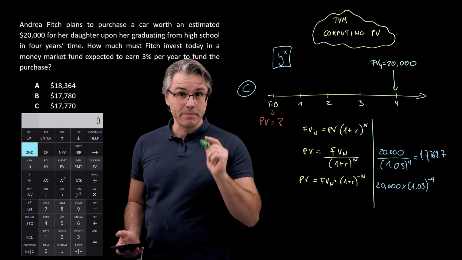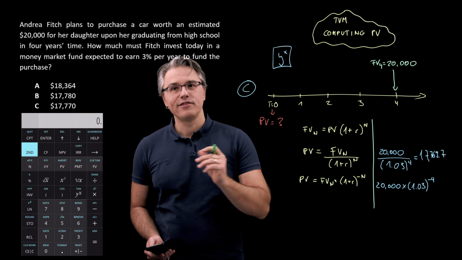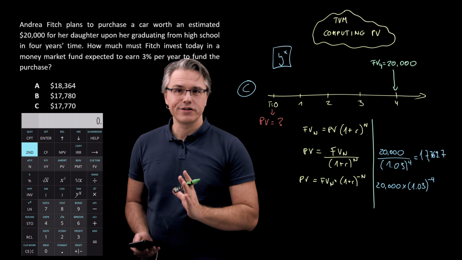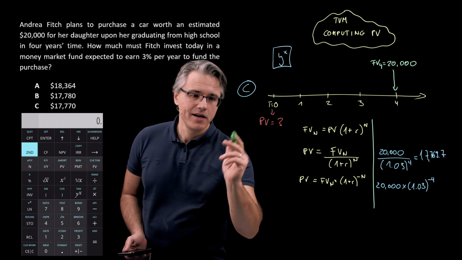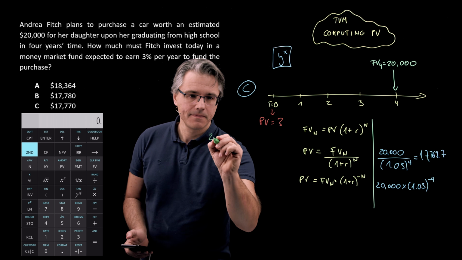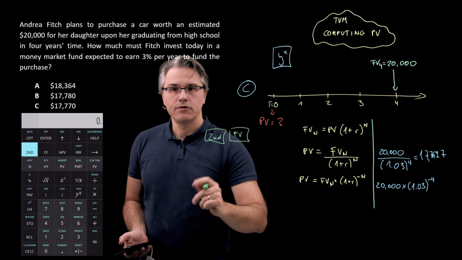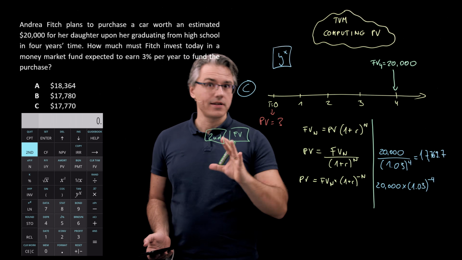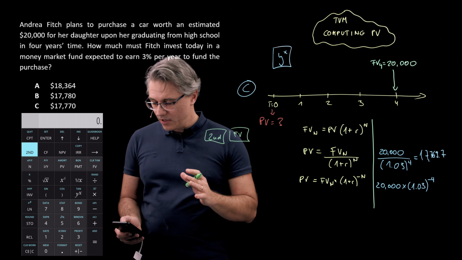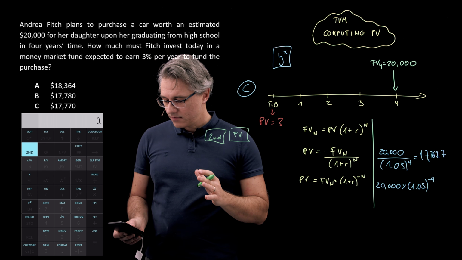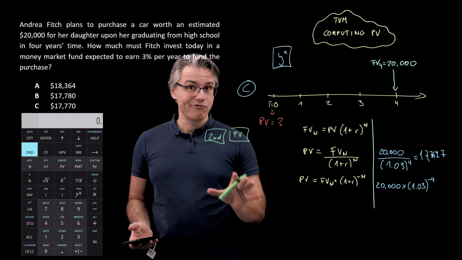Let's try to do it. Remember, always when doing something on the TVM worksheet, always clear it first. So press second, followed by the FV key, whose secondary function is clear TVM. So second, FV, and now you're ready.